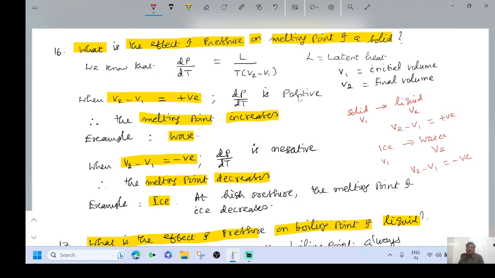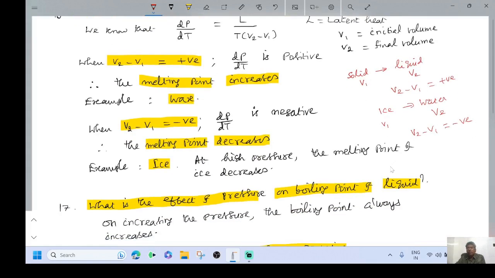Therefore, V2 minus V1 is a negative quantity. Suppose V2 minus V1 is negative, dP by dT is also negative. As a result, on increasing the pressure, the melting point of ice decreases. So the ice starts to melt before reaching 0 degrees Celsius.